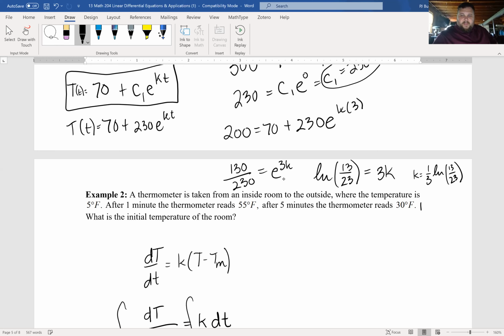And in this particular case, I am okay if you use a decimal. So 1/3 times natural log 13 over 23.